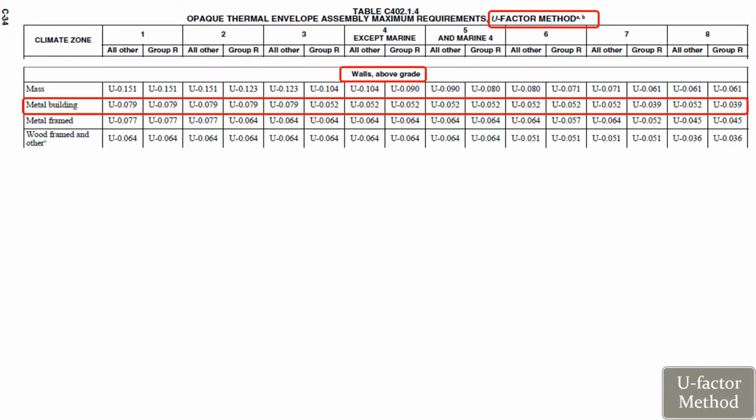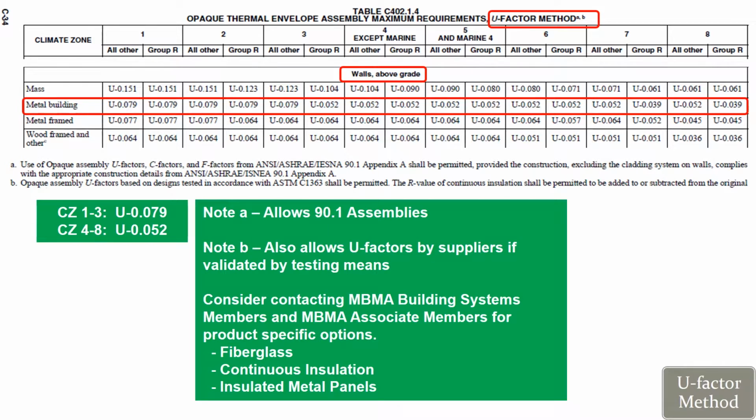Speaking of walls, let's see what options we have for the walls if we want to move away from the fiberglass plus continuous insulation for these particular U factors. The lower climate zones have a 0.079. The upper climate zones a 0.052. Still that footnote A and B. I won't repeat all this.